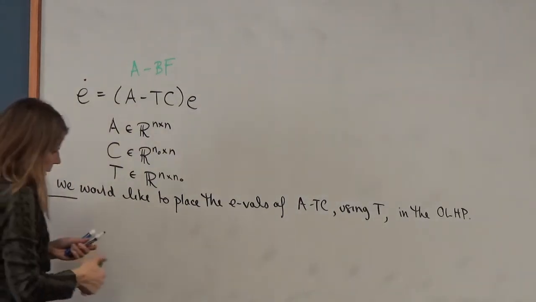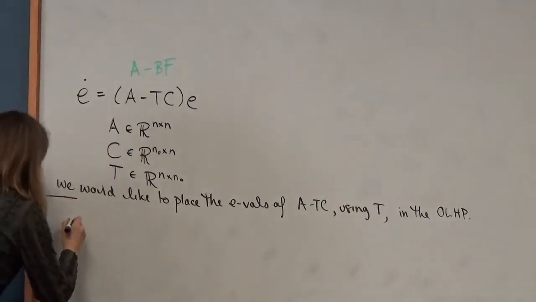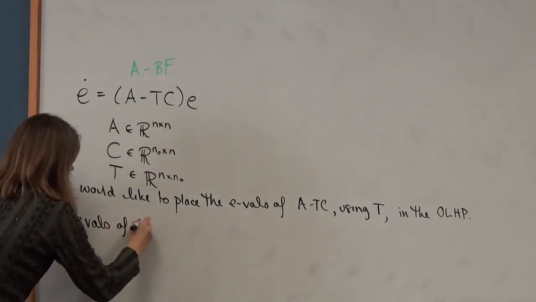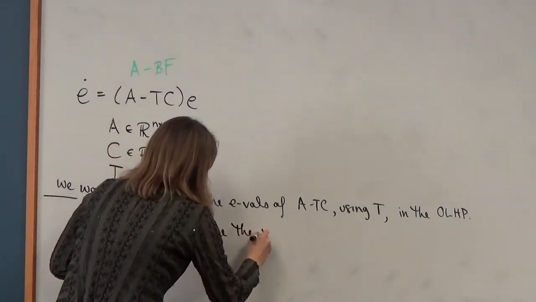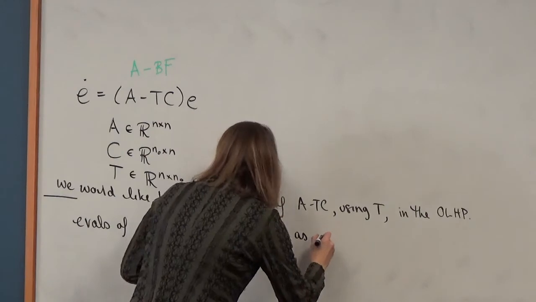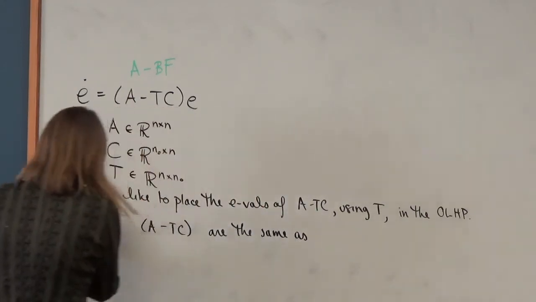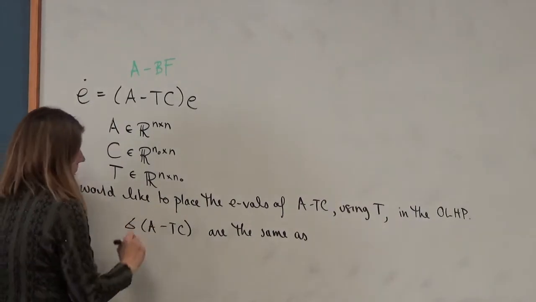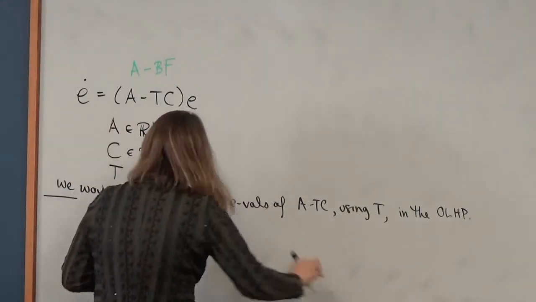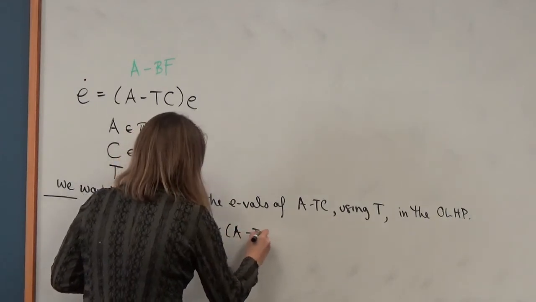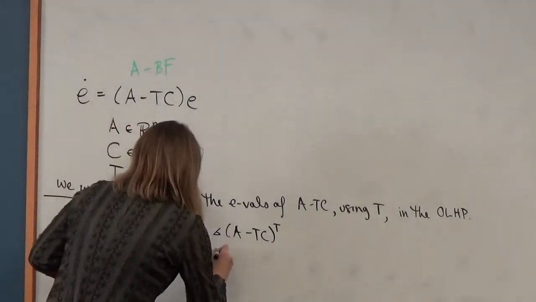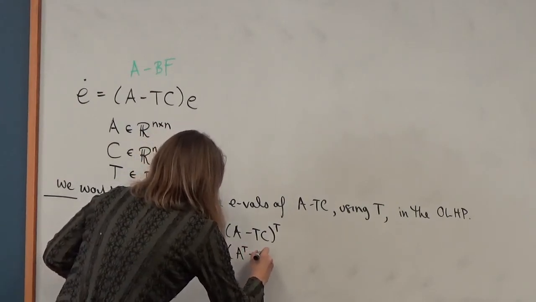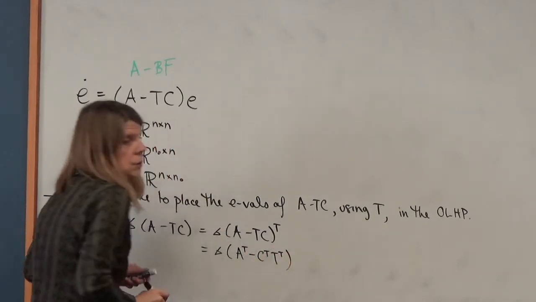But we have a nice result that the eigenvalues of A minus TC are equal to the eigenvalues of A minus TC transpose. If you take the transpose of a matrix, you don't change the eigenvalues. That's the same as the eigenvalues of A transpose minus C transpose T transpose, just bringing the transpose in.